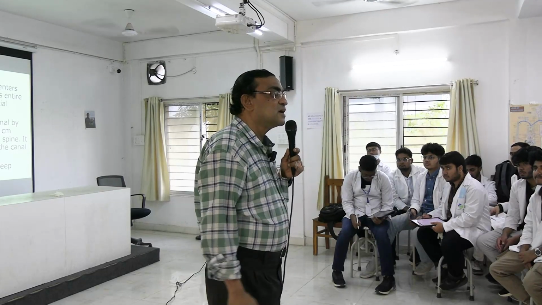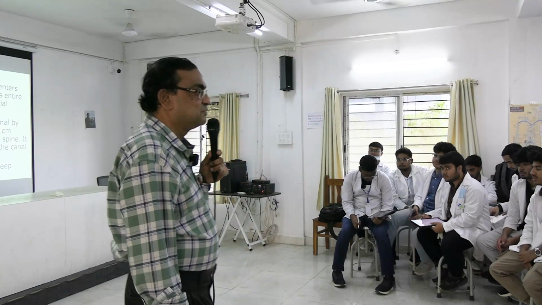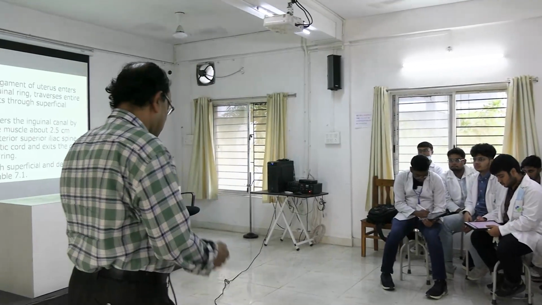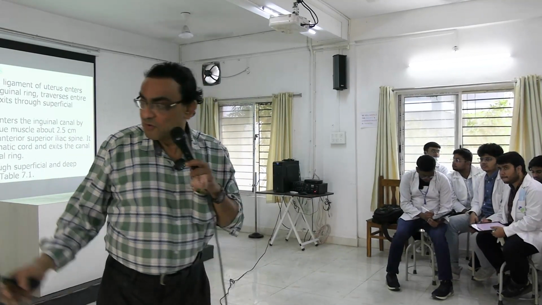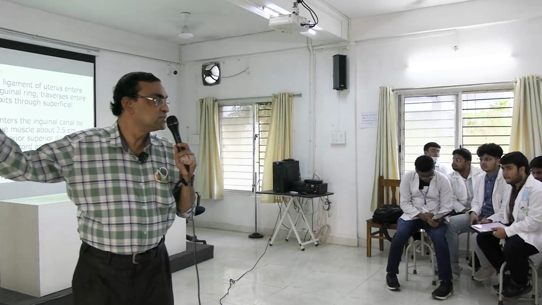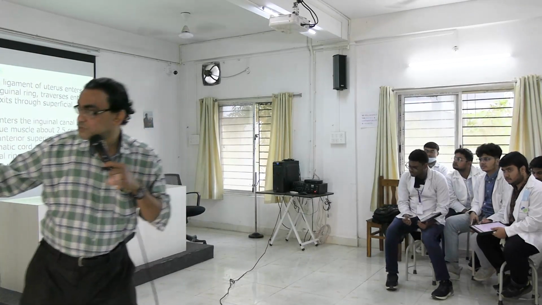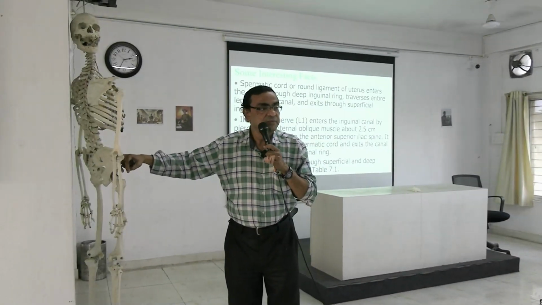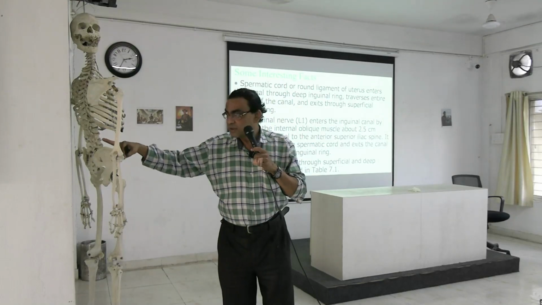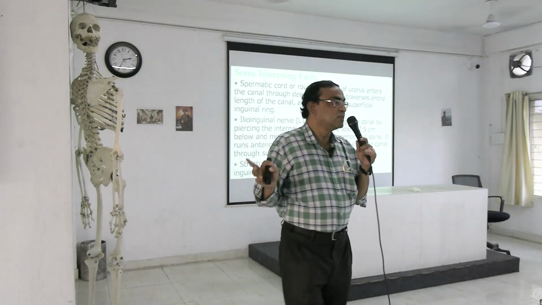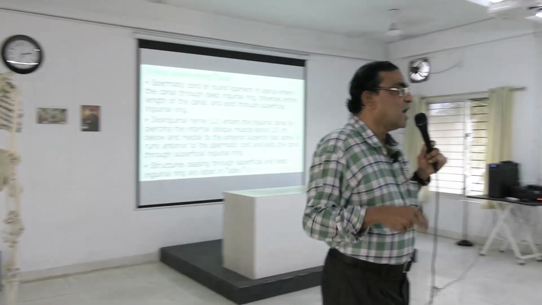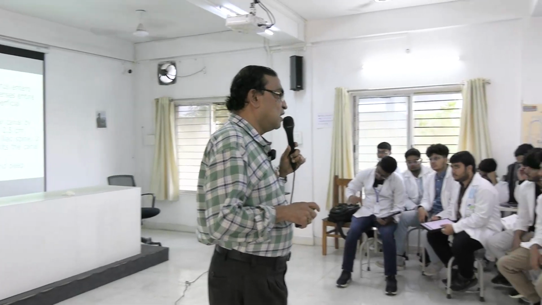That is the vas deferens, which is coming out from the root of the testis. It traverses through the superficial ring, then goes inside the deep ring, then traverses the abdomen and the pelvis, joins with another duct, and ultimately opens into the prostatic part of the urethra.